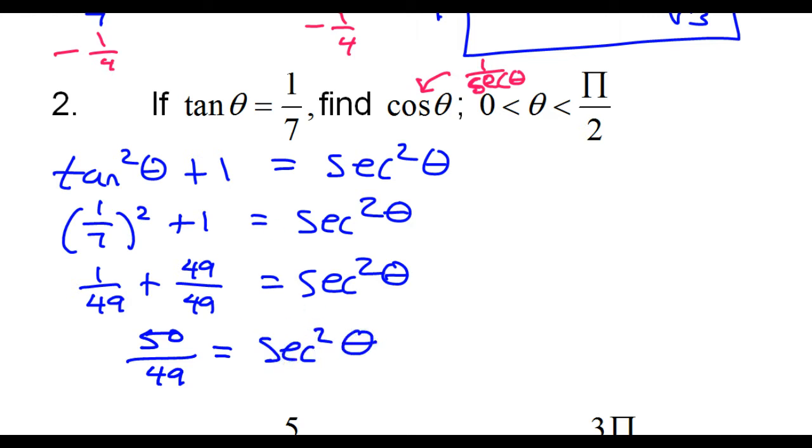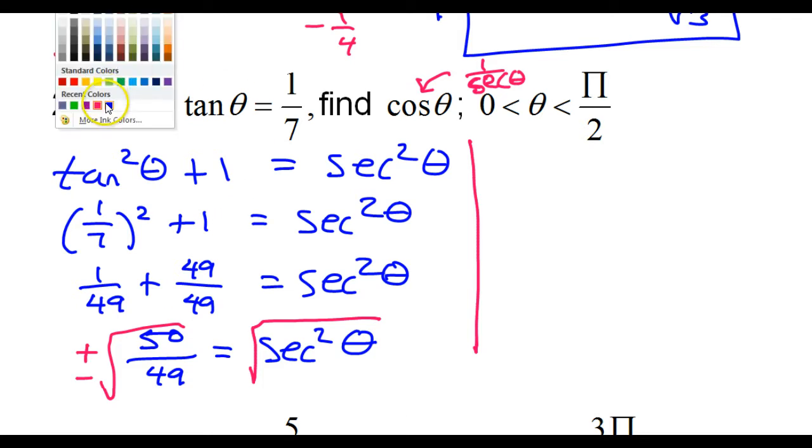Now I need just plain secant, so I'm going to take the square root of both sides. Don't forget the solution will be positive or negative when you take the square root of both sides. The quadrant will let us know which one it is in a moment.